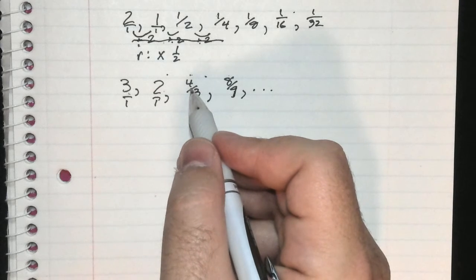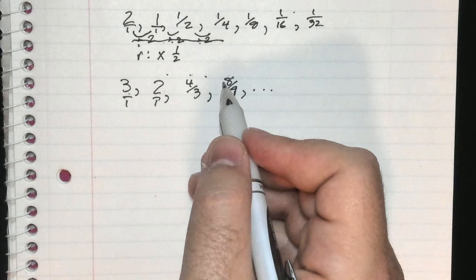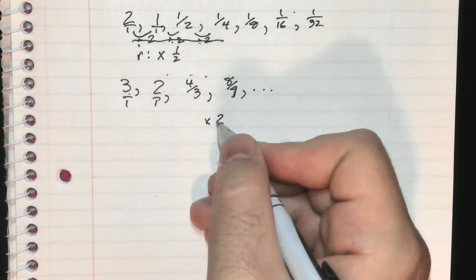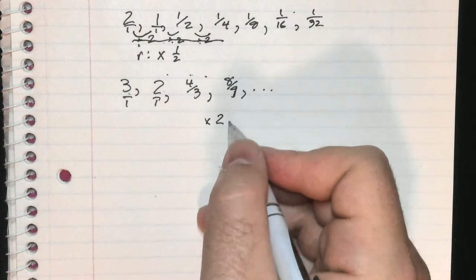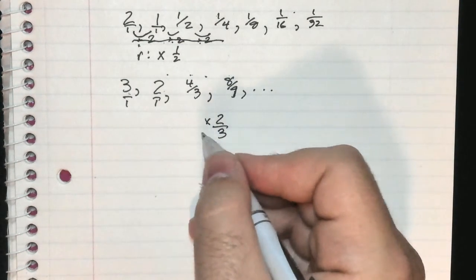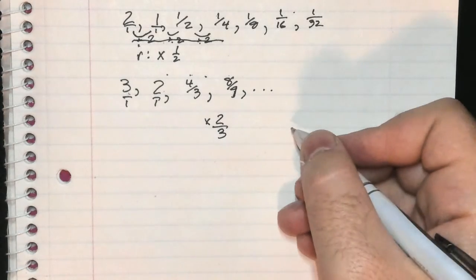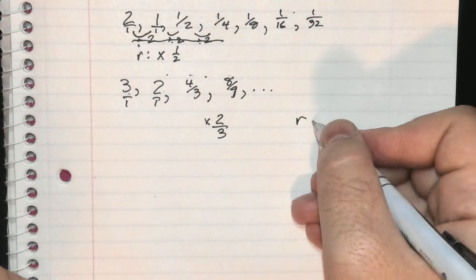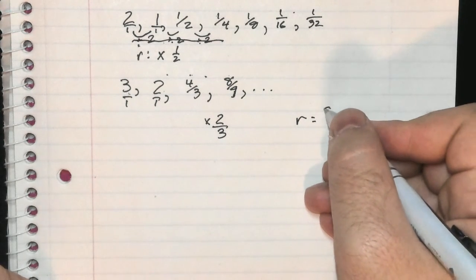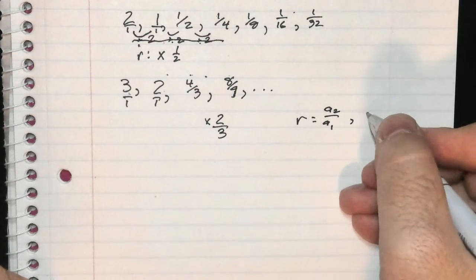If I look at this, I can see 4 and 8. Well, I could multiply that times 2. And if I look at 3 and 9, I'd be like, oh, I can multiply that by 3. And this is your common ratio. The actual formula for the common ratio, if you need a formula, is the second term divided by the first term.